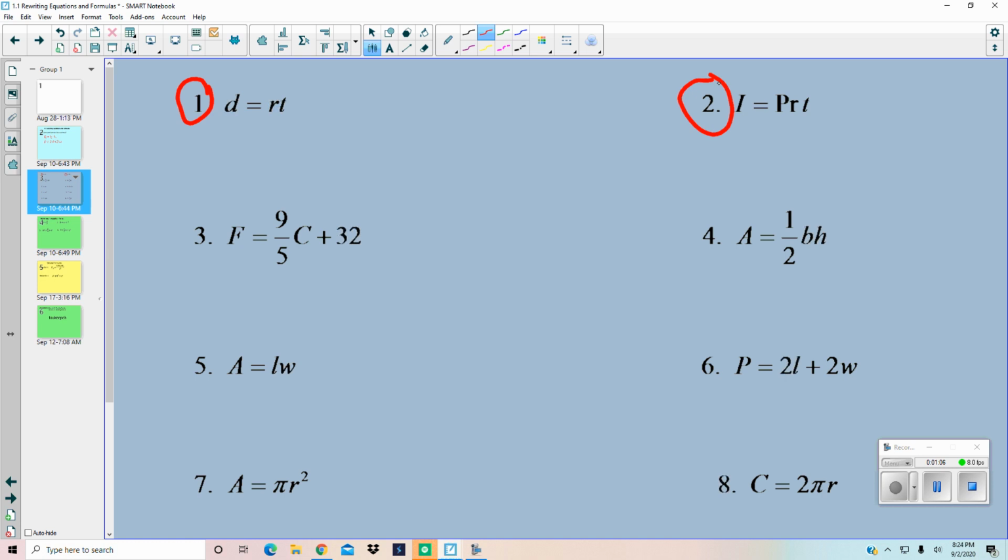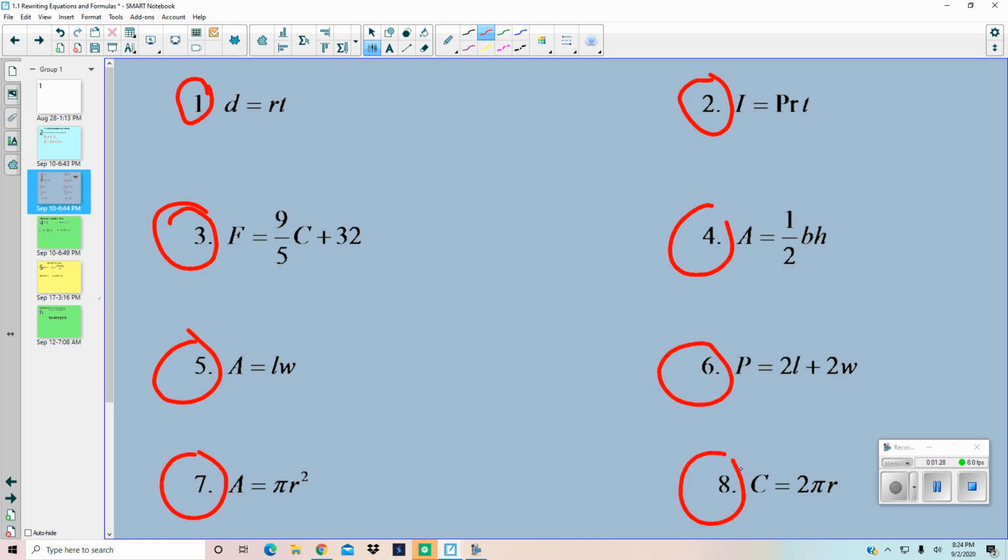Interest equals the principal times the rate times the time. That has to do with money. What do you think of when you see number 3? Hopefully Fahrenheit and Celsius, or temperature. All of the other ones, 4, 5, 6, 7, 8, should be familiar formulas from geometry.